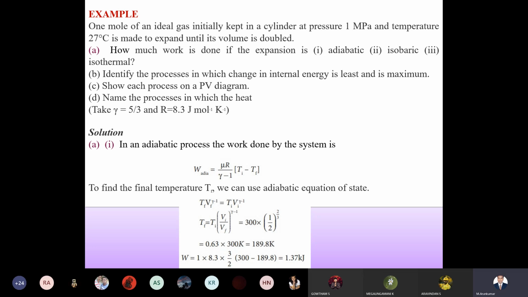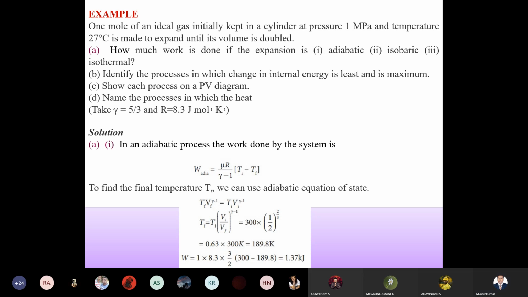So in the process, we have pressure, then we have temperature, then we are doubling the volume. So V final is 2 times V initial. Then the question is: how much work is done if the expansion is an adiabatic process, an isobaric process, and an isothermal process.